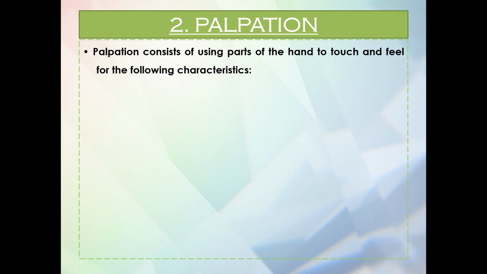So after inspection, we proceed with the second technique of physical exam, which is palpation. So palpation consists of using parts of the hand to touch and feel for the following characteristics. So ginagamit natin yung different parts ng ating kamay para maramdaman, okay, yung ating pinapalpate for the following characteristics. Texture, is it rough or smooth?